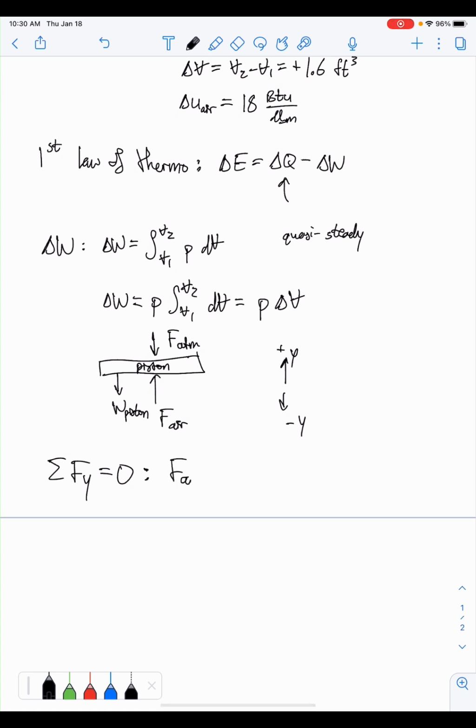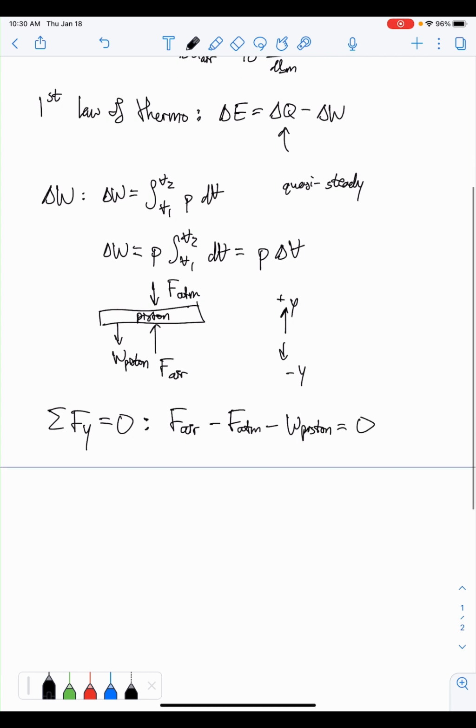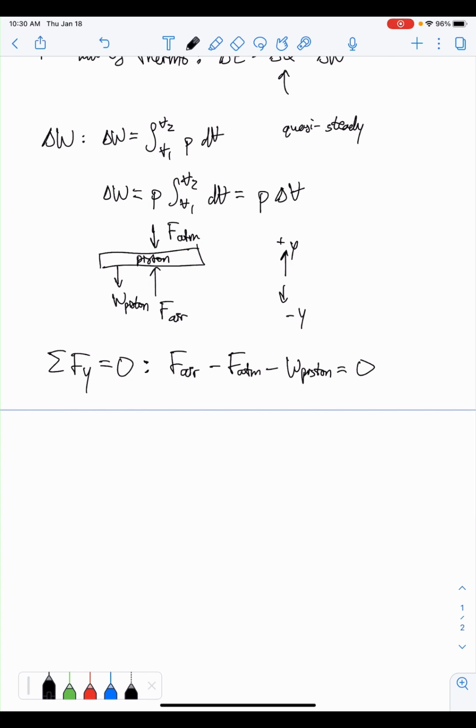Net force would be force of air subtracted by force of atmosphere subtracted by the weight of the piston is equal to 0. And we can break down these force components into more simple components. In terms of the forces, it's actually the pressure times area, and for the weight, it's just mg.